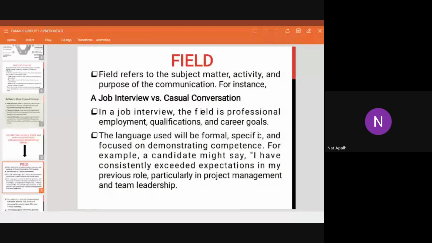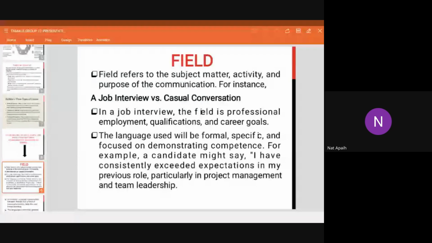So in a job interview, for example, the field is what? Professional employment, qualifications, and career goals. So that is the field when we're talking about a job interview. So the language used will be formal, it will be specific, and it will be focused on demonstrating competence.